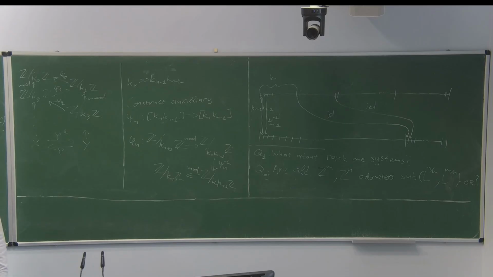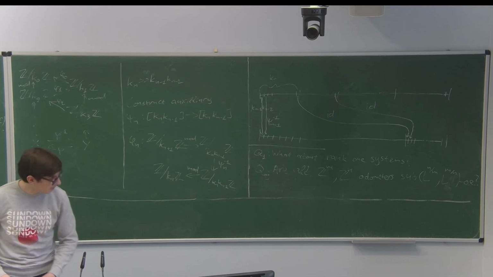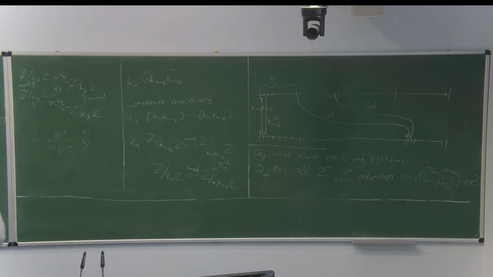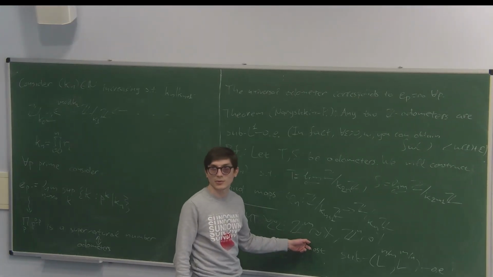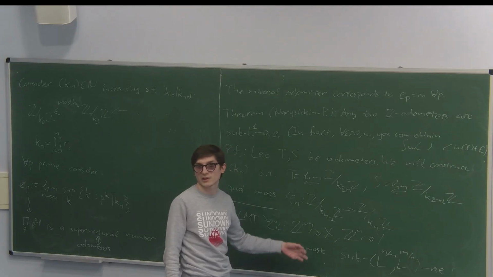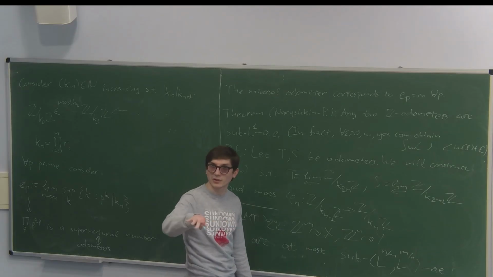So what if you consider the product of two odometer actions as Z² actions? The product of two odometer actions as Z² actions? Oh, you mean... yeah, okay. When I refer to dyadic odometers here, what is called a dyadic odometer in this case is exactly taking the product of dyadic odometers.